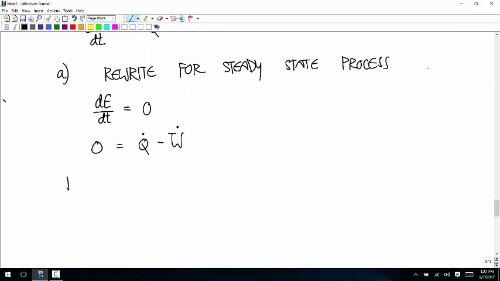Now, the last thing we've done is where do we put the rate of heat.